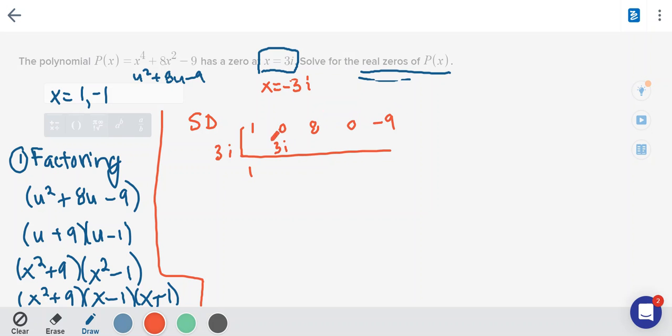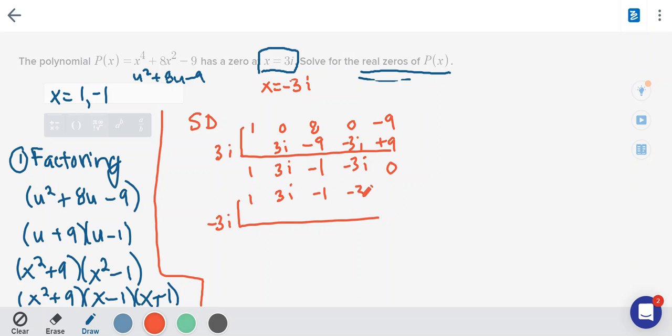Now this is easier than the previous one because I've got these zeros in between, which keeps the terms a little bit easier. Okay. And then I can reuse the coefficients, which are kind of yucky right now. Okay.